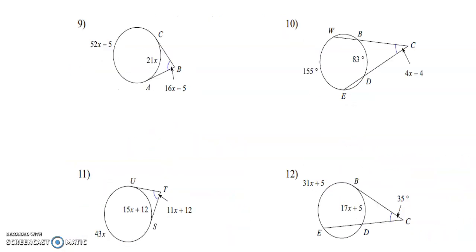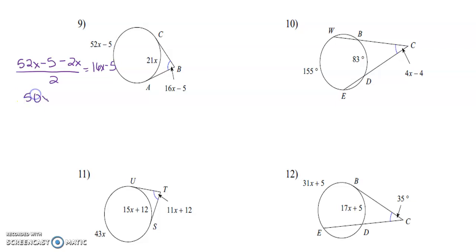All right, let's take a look at a few more. Far arc of 52x minus 5 minus my near arc. It does have a variable, but this is only one term, so I don't need the parentheses. Divided by 2 equals my angle measure. Multiply both sides by 2, and I'm going to combine my like terms.